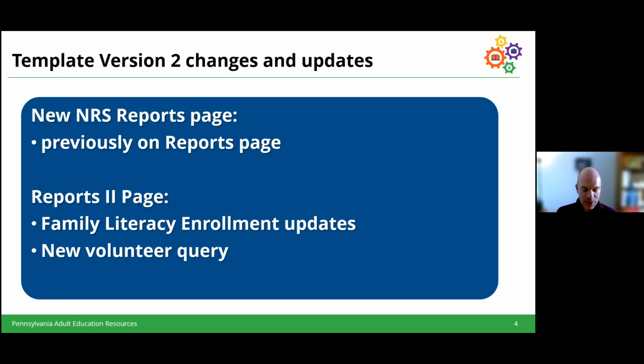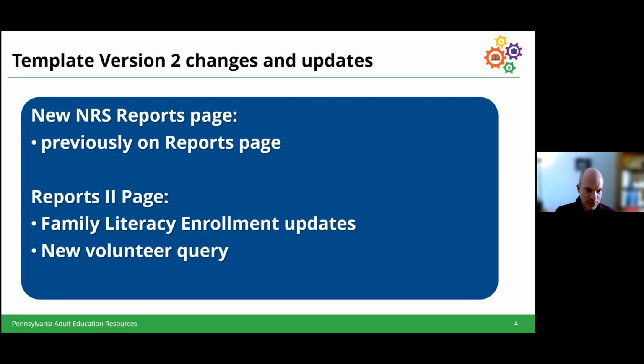It's simply a different location to hopefully improve the user experience and make it easier for you to find some things, since the NRS reports are kind of a standalone set. Steve will show you how that looks in a few moments.